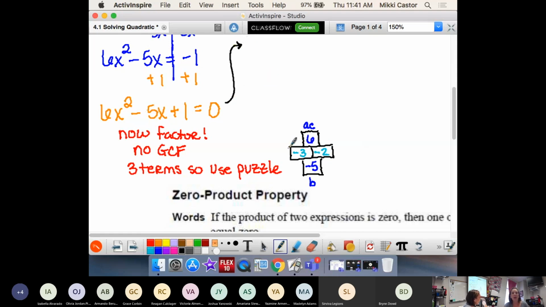So what I figured out is that the -3 and the -2 is what we're separating the -5 into. So I'm going to rewrite my 6x squared. And then instead of rewriting -5x, I'm going to separate -5x into -3 and -2 and put an x behind each one. So -3x and then -2x. Because -3x plus -2x gives me the -5x that I was looking for.